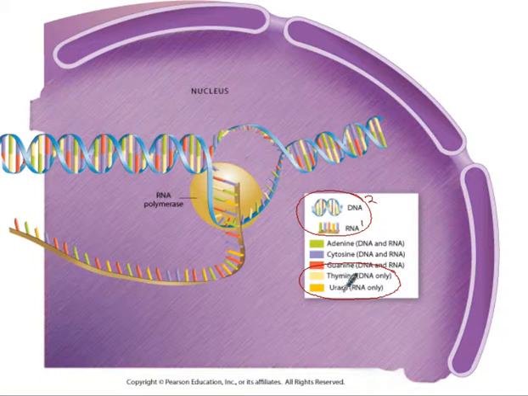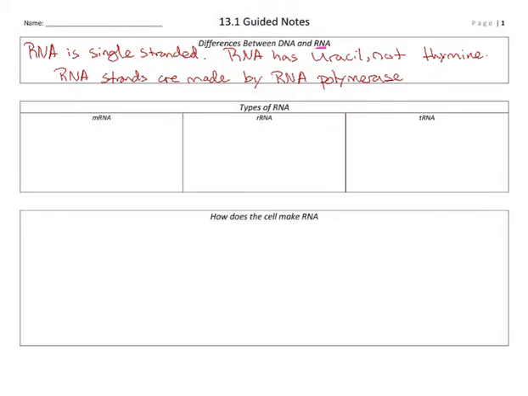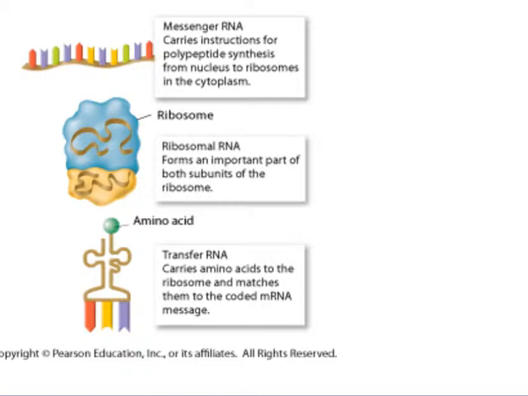And wherever there be a thymine, there's going to be a uracil in the RNA. And also, to make RNA, we do not use DNA polymerase, we use RNA polymerase. So those are differences. RNA is single-stranded, RNA has uracil, not thymine, and RNA strands are made by RNA polymerase.